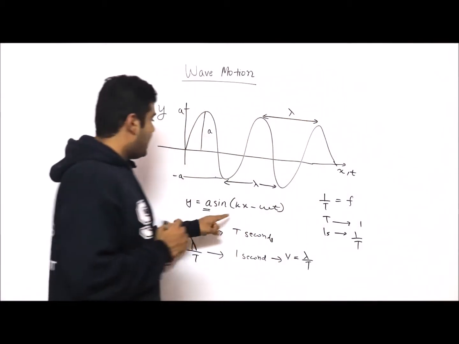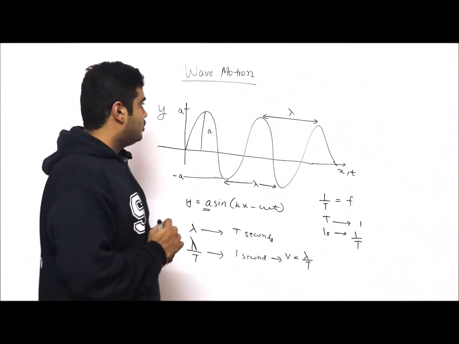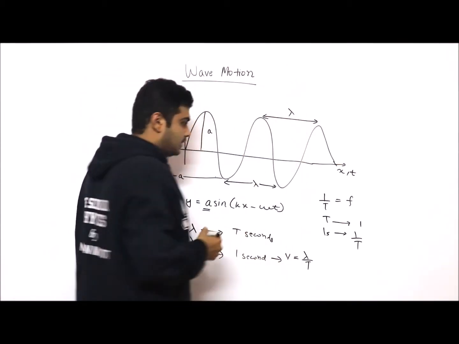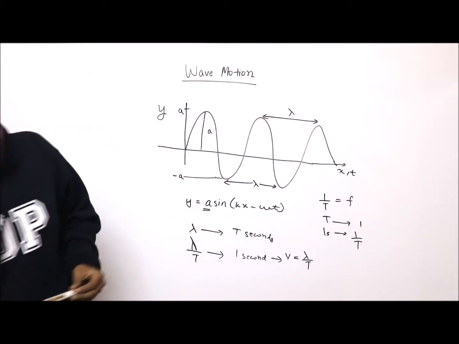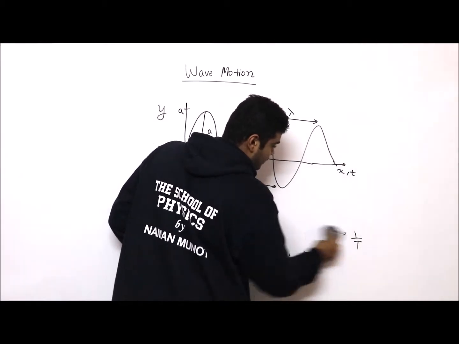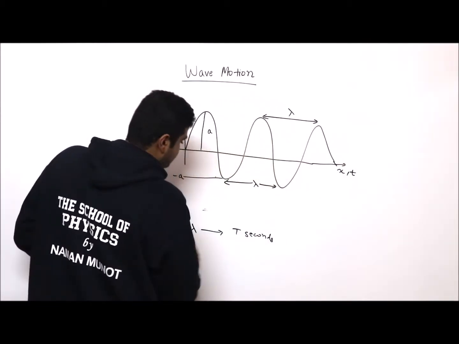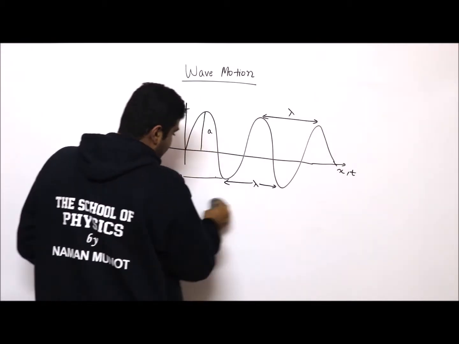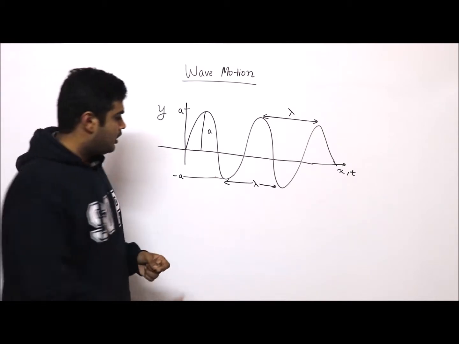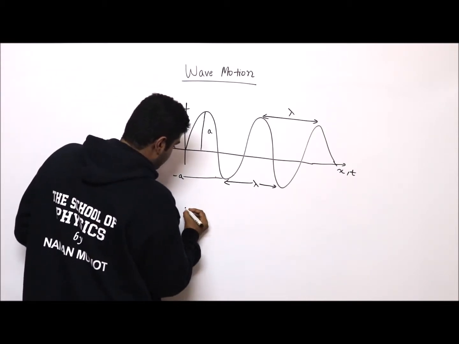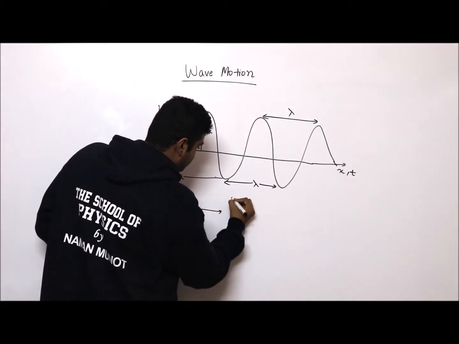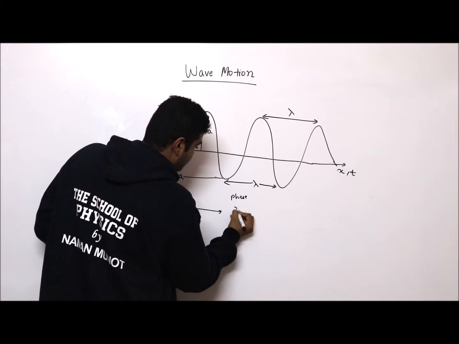Now what are k and omega? We'll write it down here. What is k? k is the phase change in traveling 1 unit distance, and omega is the phase change in traveling 1 second. Suppose for traveling lambda distance, the phase change is 2 pi.